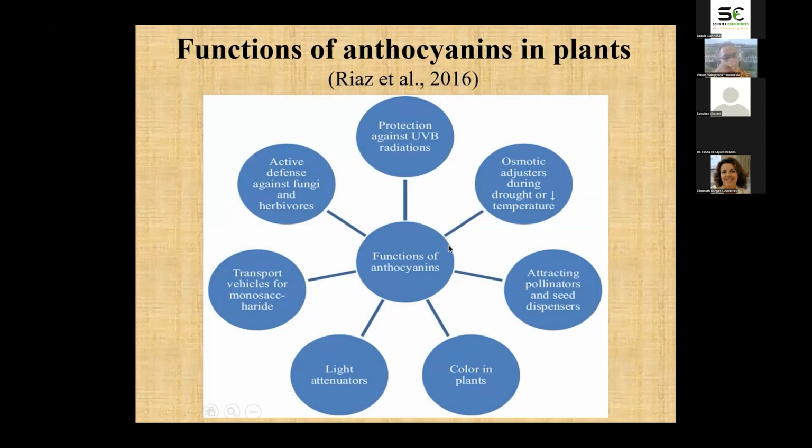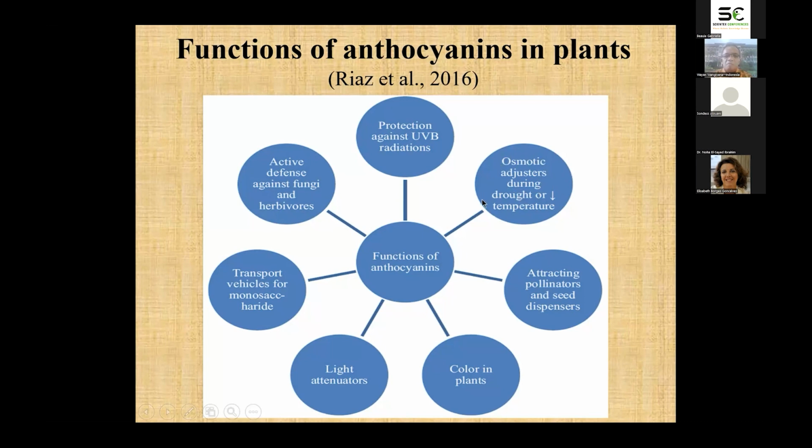Okay, anthocyanin is actually produced by plants for their own use, such as when plants experience osmotic adjustment, like drought stress or low temperature stress, they will produce anthocyanin.